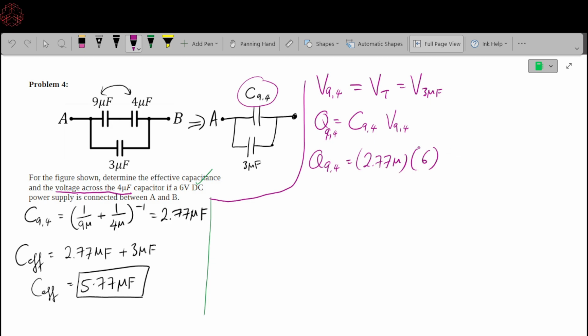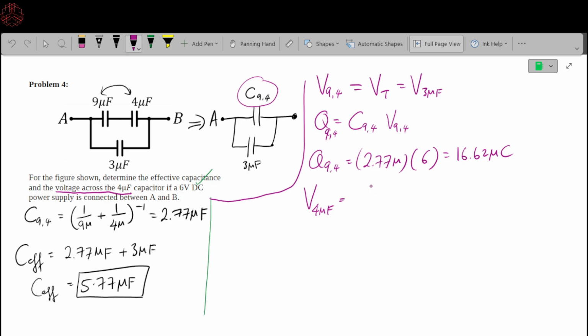And this gives me an answer of 16.62 microcoulomb.